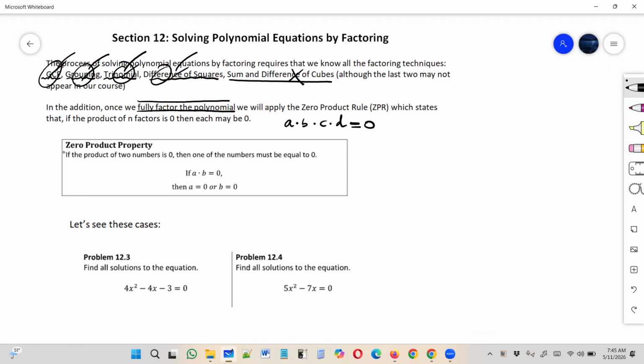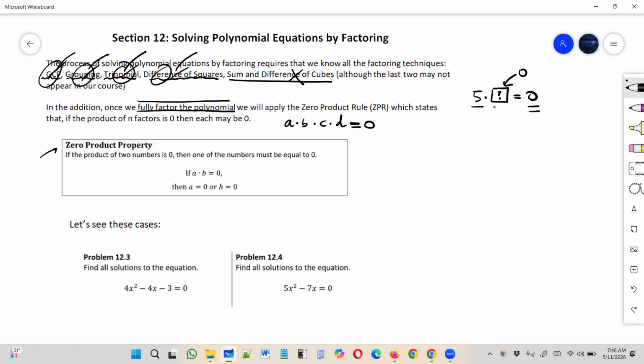At that point, we're going to apply the property that we call the zero product property. The zero product property says the following. If I have two things multiplying each other and the product is 0, that means that one of them has to be 0, right?